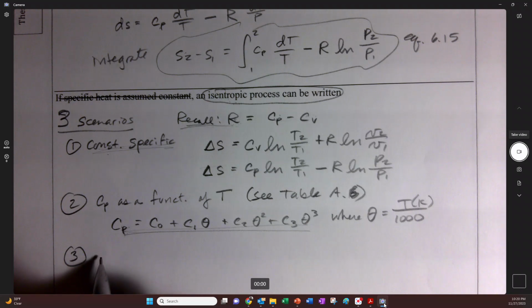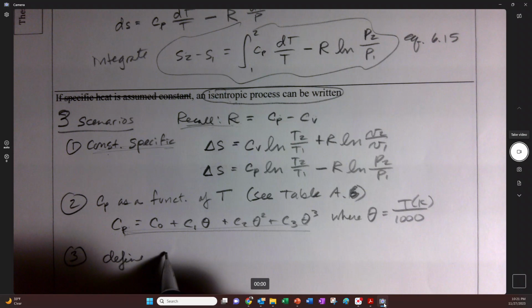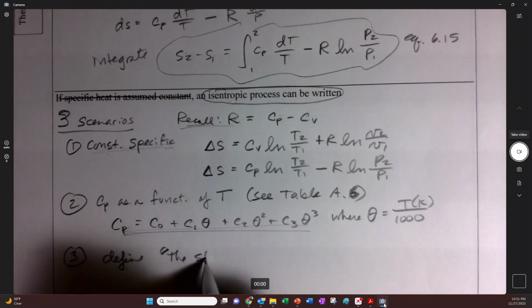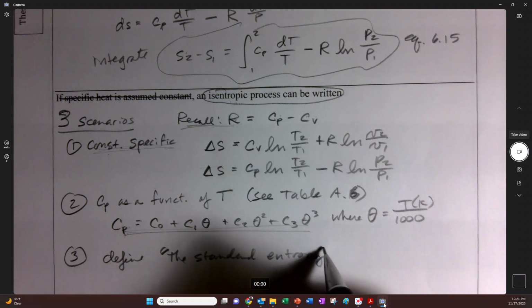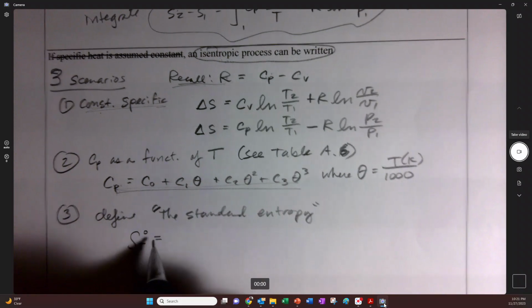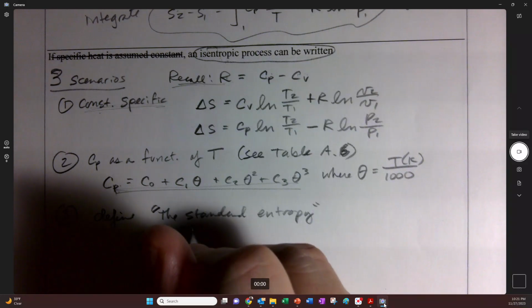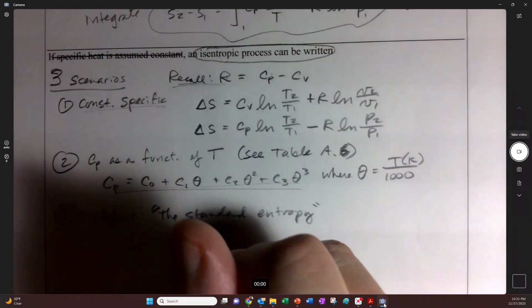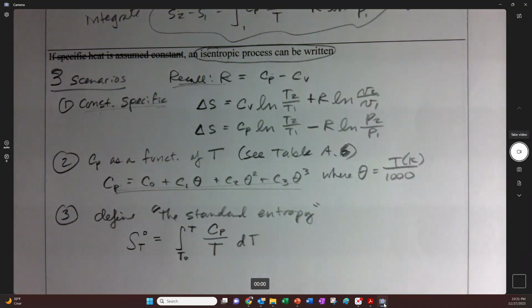Here's a new one right here, that we define a special thing called the standard entropy. It's a kind of weird thing, but what we ended up doing is define this thing s_T^0, that's supposed to be a lowercase s. And it's defined as the integral from T0 to the actual T of Cp over T dT. And you're like, what the heck is that?